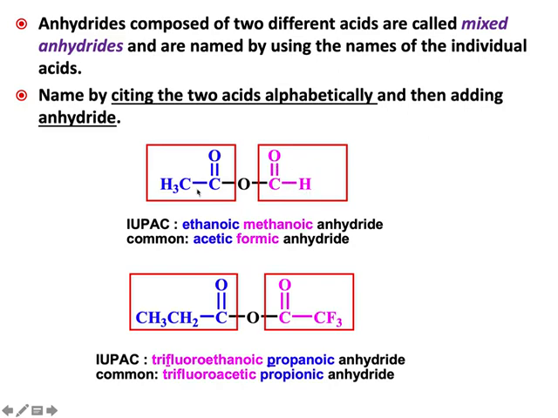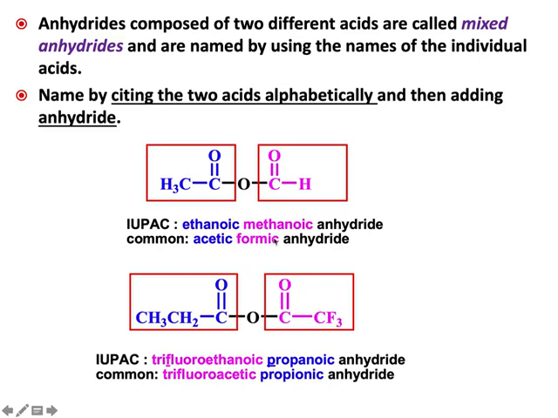The parent name is anhydride because there are two acyl groups here. This one is ethanoic and this one is methanoic, so following alphabetical order: ethanoic methanoic anhydride.